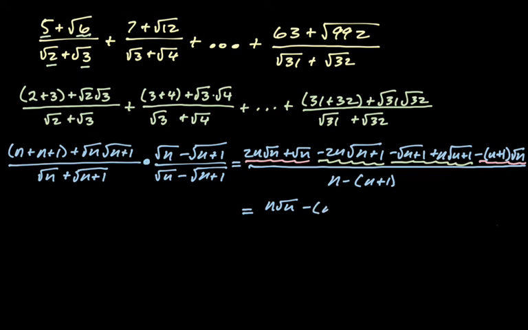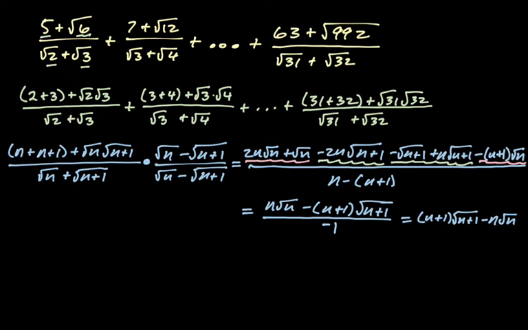So we end up with minus the quantity n plus 1, or really negative n minus 1, but I factored out the negative. All of this is over -1. So I am going to distribute the negative into the numerator, and I will finally end up with each term of the form n plus 1 root n plus 1 minus n root n. Great. What that means is I can replace all of my fractions with this expression.